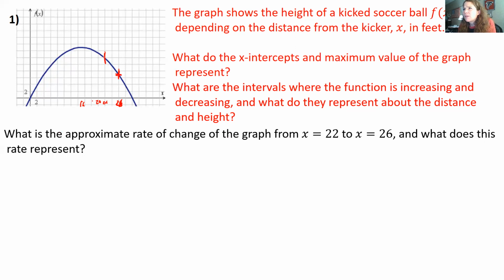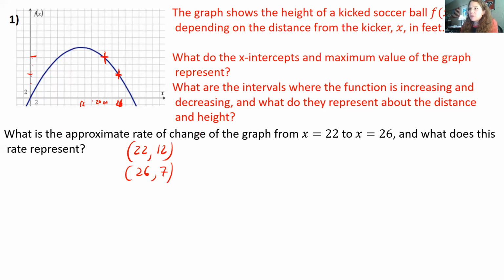So basically this tells me when x is 22, y would be what? 2, 4, 6, 8, 10, 12. And then when x is 26, y is 2, 4, 6, 7.